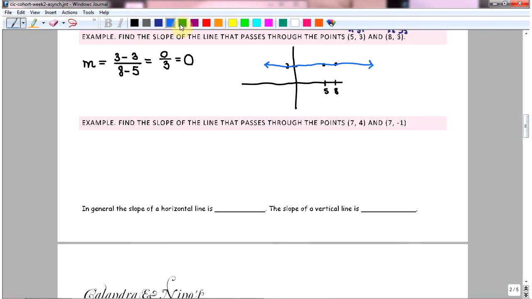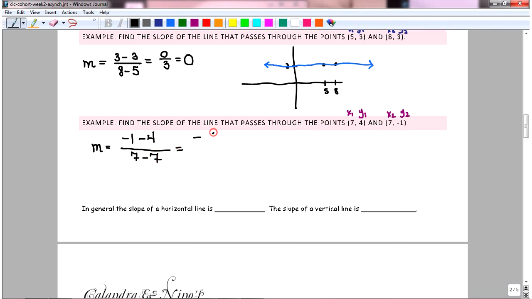All right, in the next example, find the slope of the line that passes through the points 7, 4 and 7, -1. So again, put in our x1, y1, x2, y2, and our slope will equal -1 minus 4, divided by, then our x2 is 7 minus x1, which is also 7.